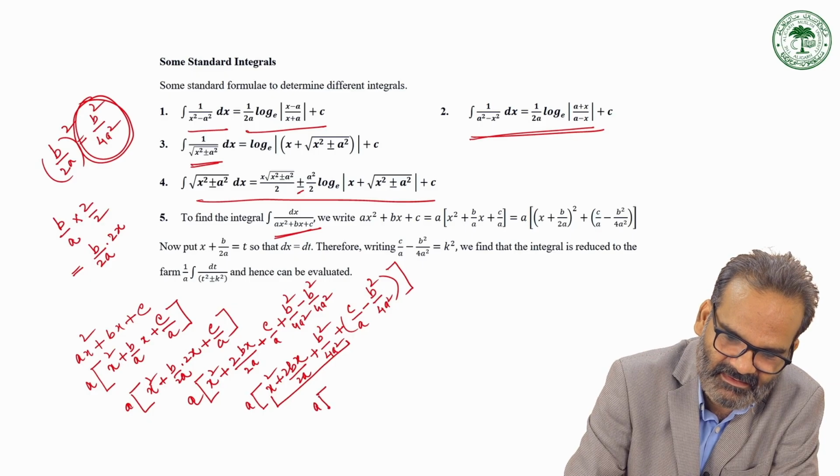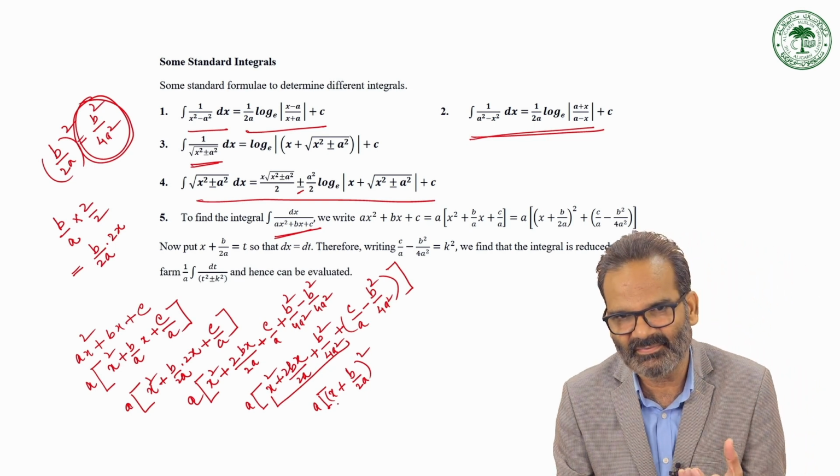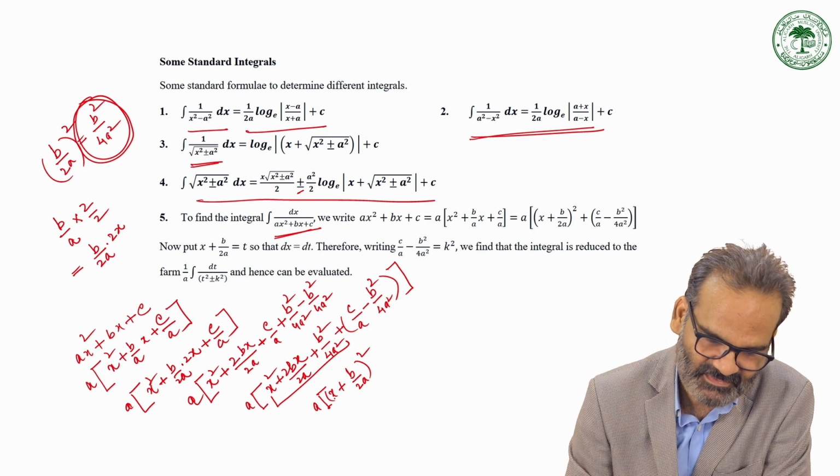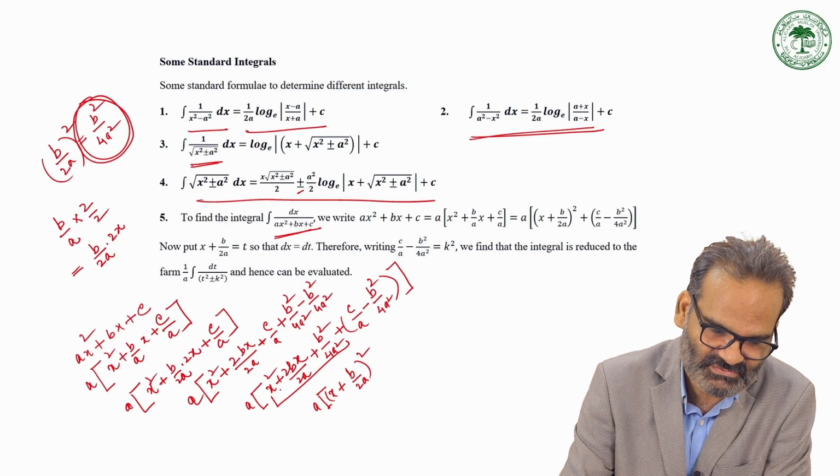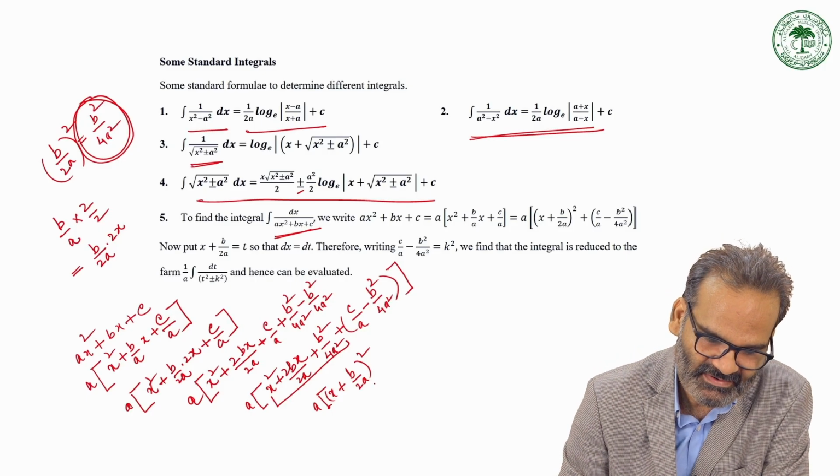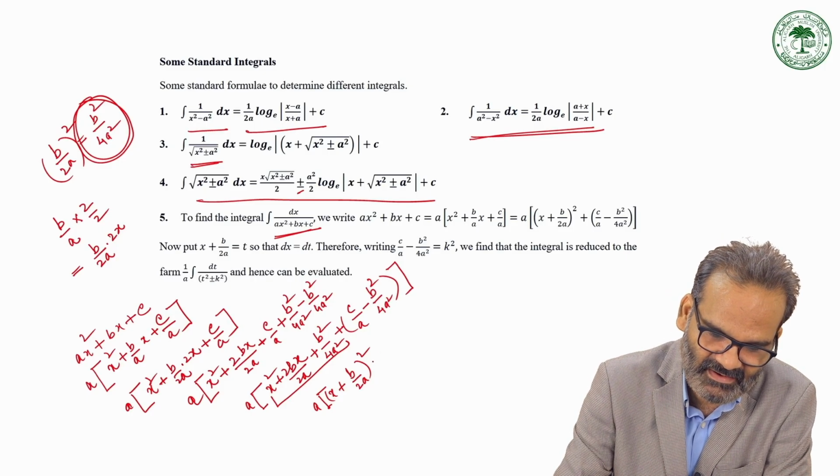This is (x + b/2a)². This is the square of this. If you use the formula of (a + b)², then (x + b/2a)² equals x² + 2bx/2a + b²/4a², and this is what? c/a − b²/4a², right?